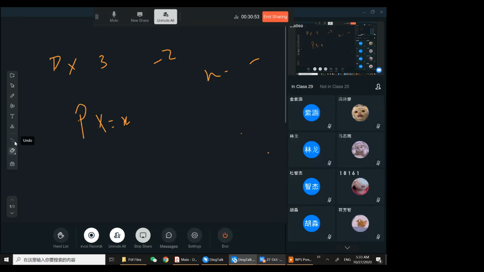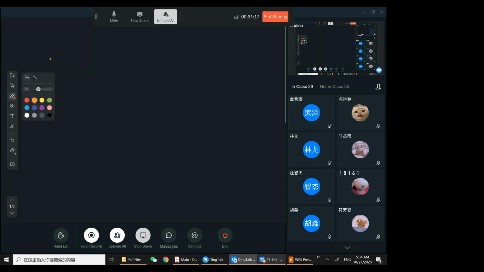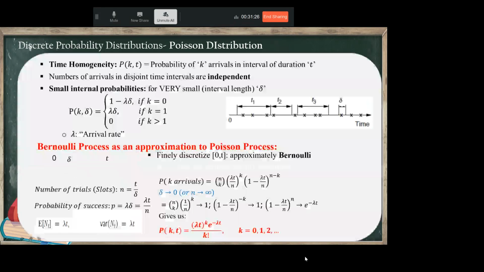So let's move ahead. How do we do that? We know about time homogeneity, the probability of k arrivals in an interval of duration t.